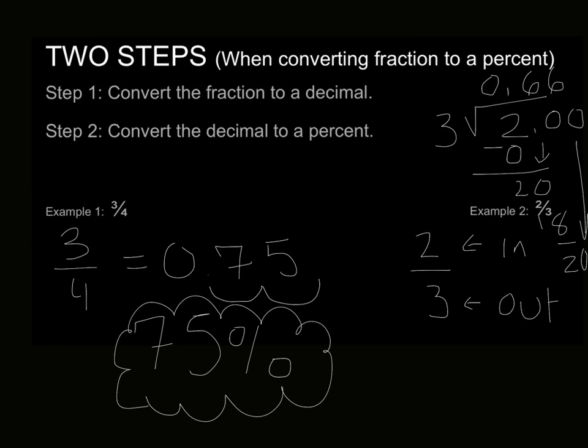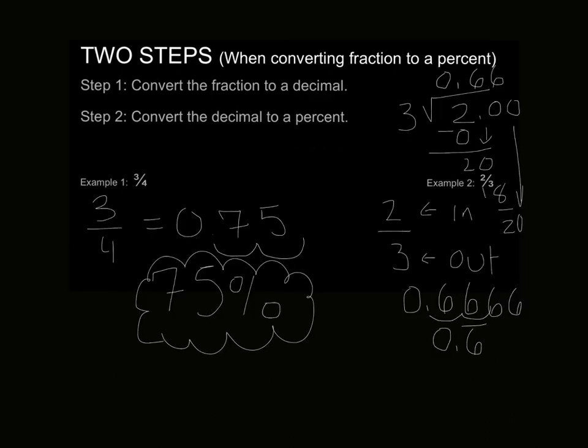So in this case, it's a 6 repeating decimal. I can write it as 0.6 with a line on top of it, because we know it's going to be 0.666666 forever.